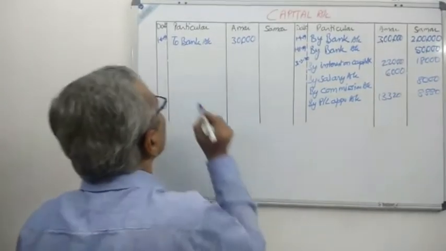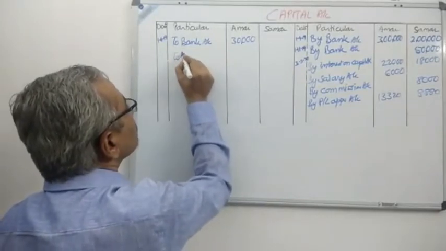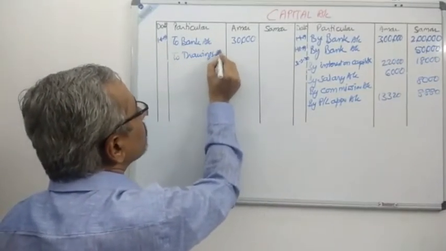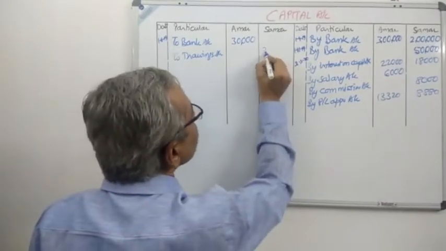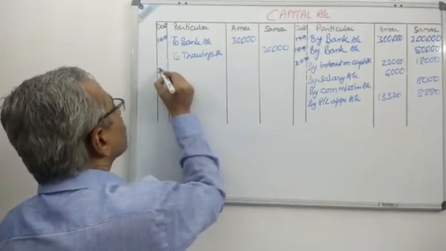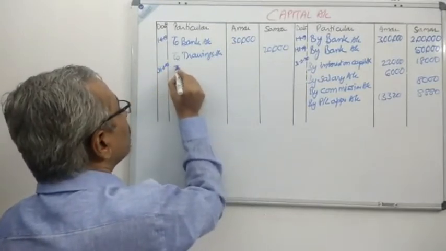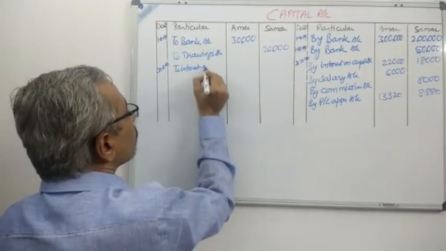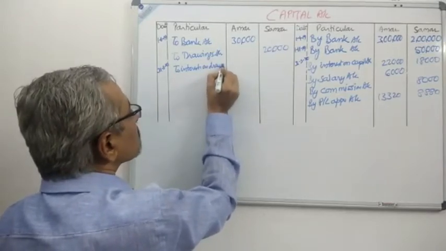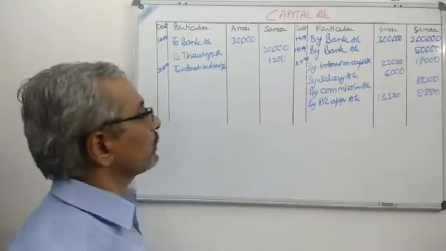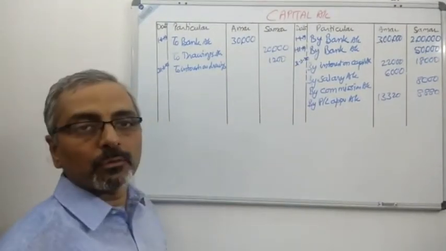Okay, so we'll write first to drawings. And what is the amount? If you remember, who has drawn? Samar. How much? 20,000. Next, the date 31st March 2020. To interest on drawing, and the amount is 1,200.